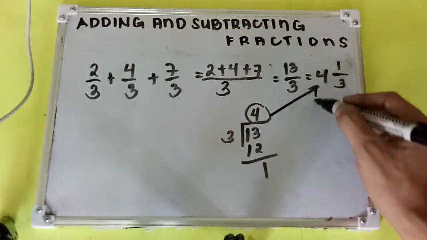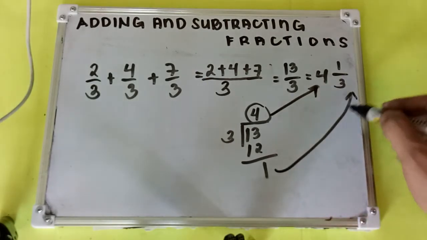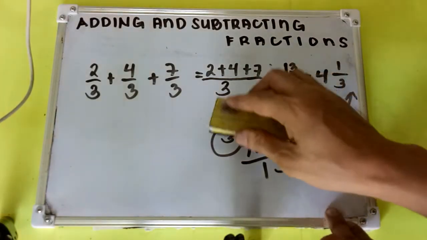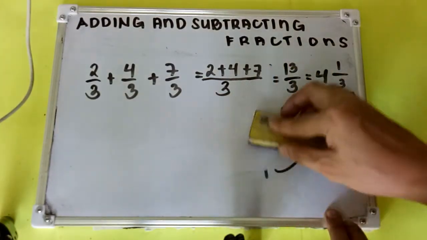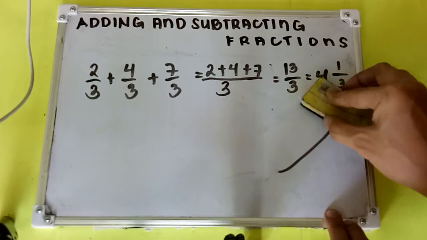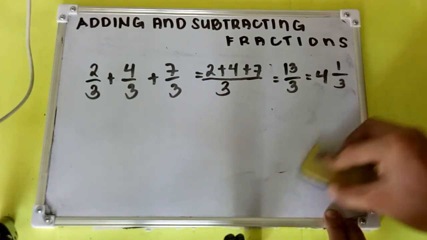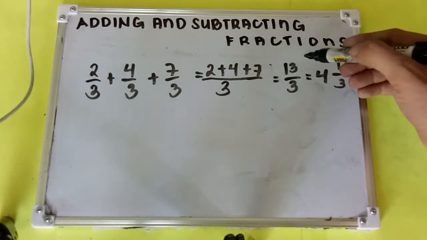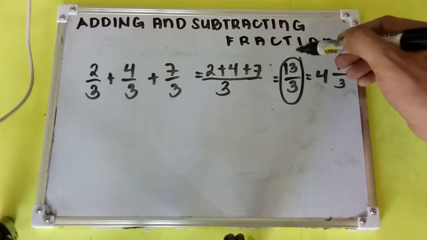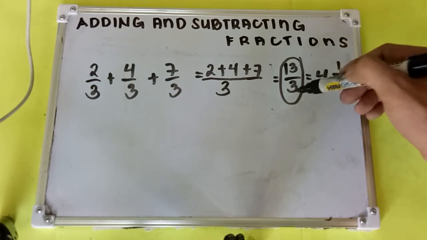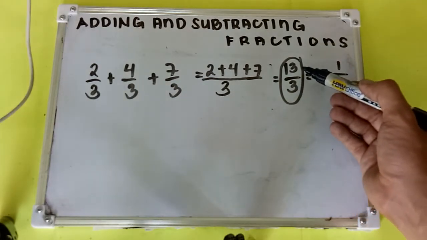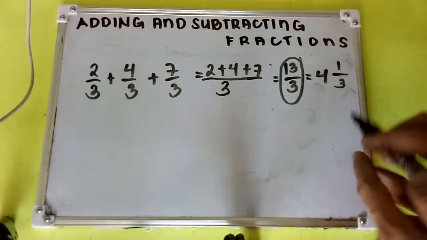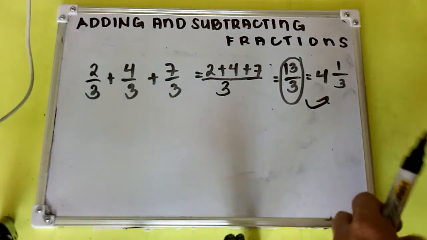So ito si 4, si 1 ang nasa numerator at si 3 yung ating divisor. So doon nakuha si 4 and 1/3 if we transform improper to mixed fraction. So ginagawa lang natin yon kung improper siya. Para masabi na improper if mas mataas yung numerator kumpara sa denominator. Kasi dito mas mataas si 13 kumpara kay 3. Kaya pwede natin siyang i-transform to mixed fraction.